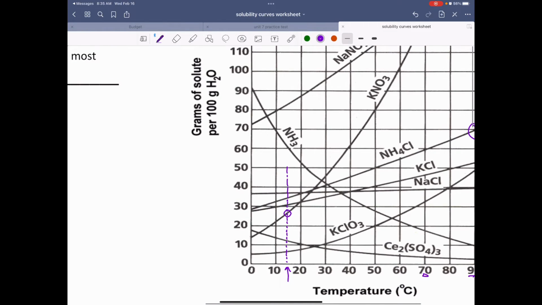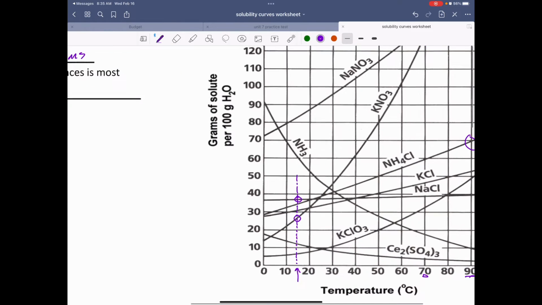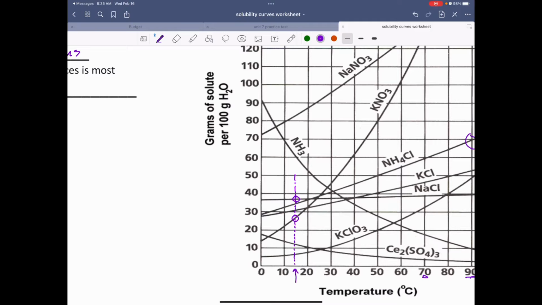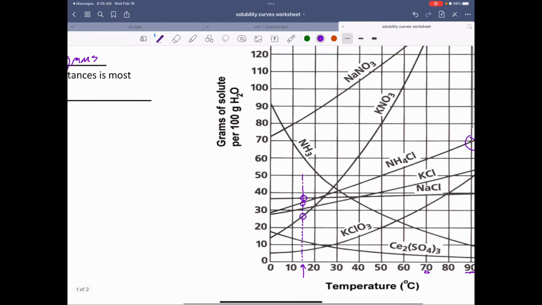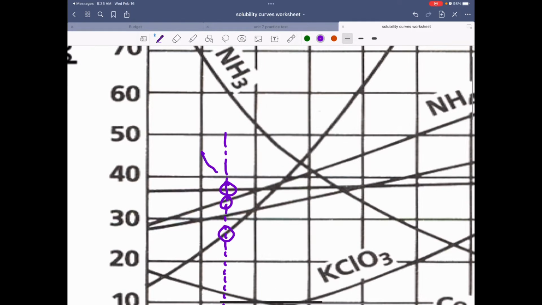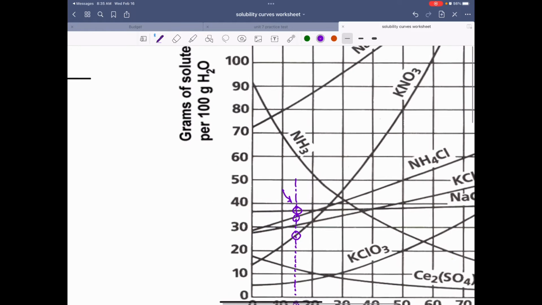NaCl hits it right here. And NH4Cl hits it right there. So which one is the most soluble? It's the one that's at the top. And that looks like it is NaCl.